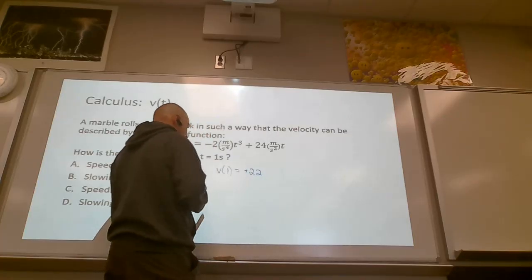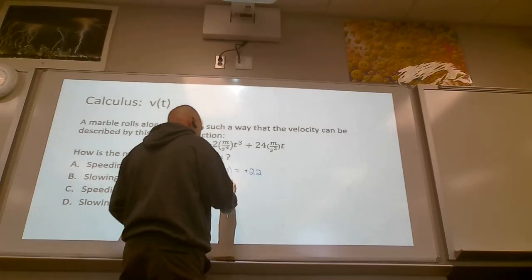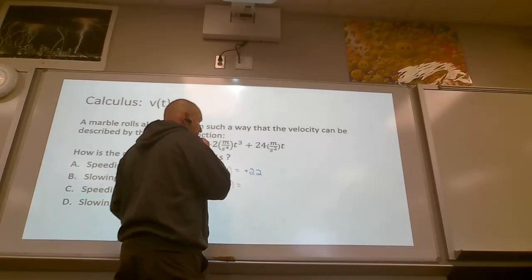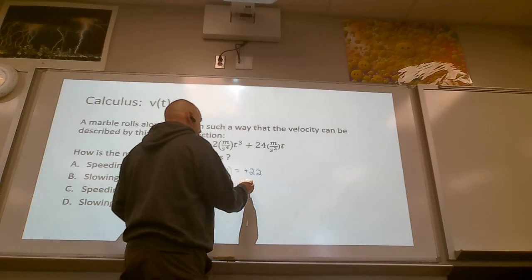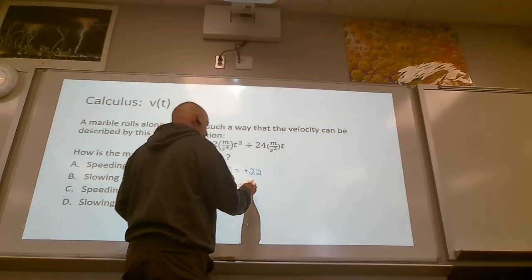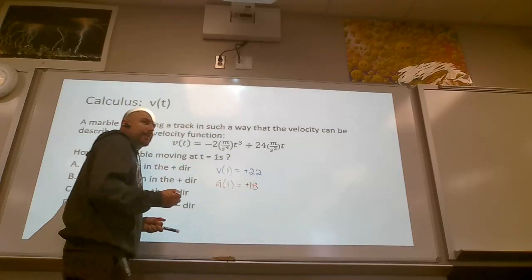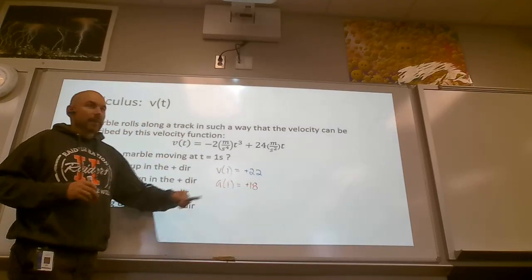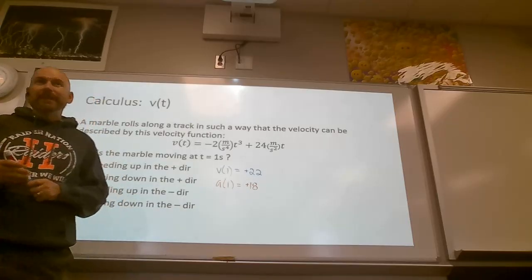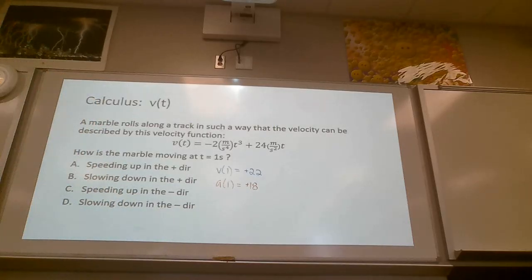Acceleration at 1 second is equal to a positive 18. The fact that both are positive is what we're going to base this off of. They're both in the same direction, so you're speeding up. Acceleration is in the same direction as velocity and you're speeding up. Good?